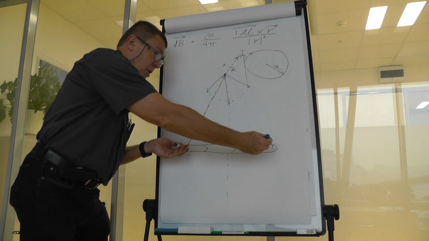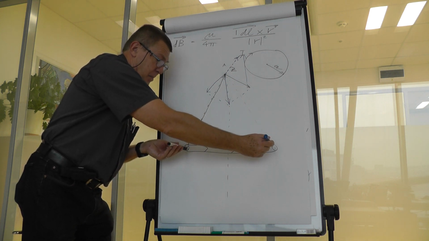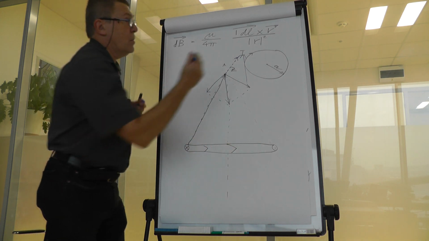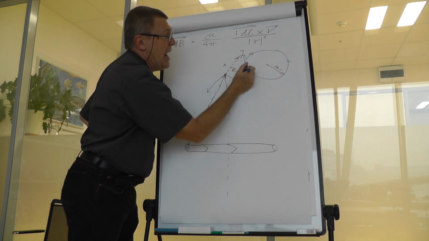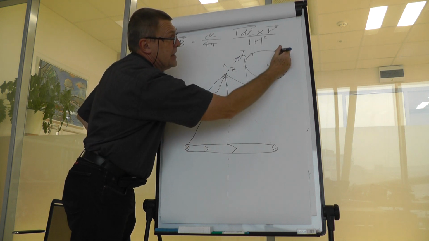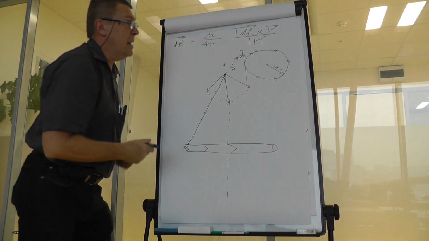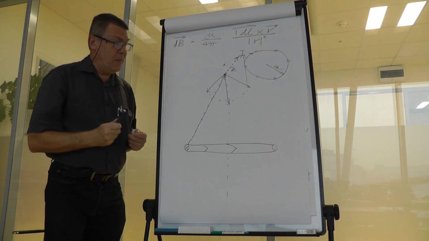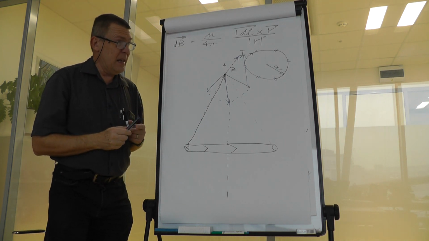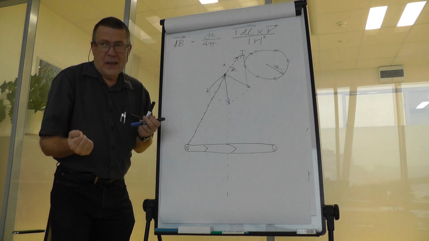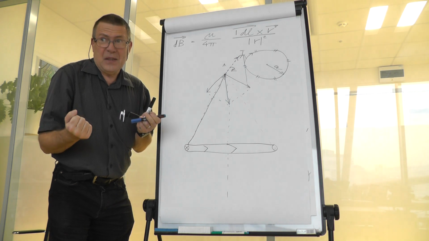If we just take at one time two elements just opposite on the ring, so we add this and this, then we add this and this, we add this and this. In that case, the result of those two elements has only one direction, that is the z coordinate.